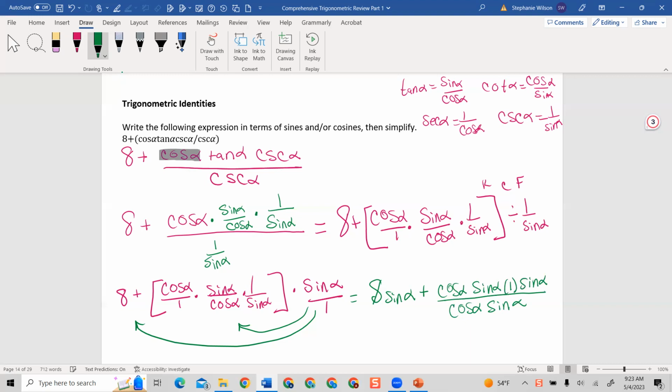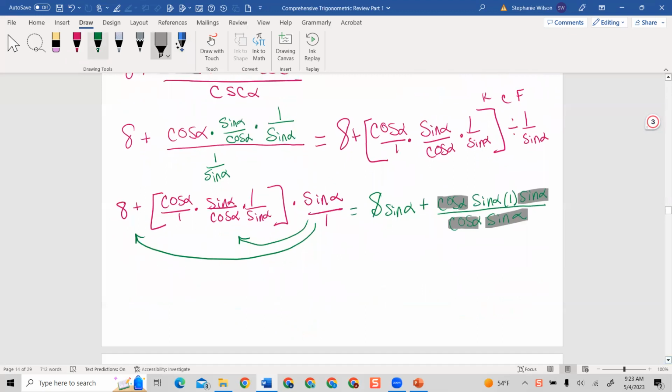So what do I see here? Well, I notice that I can reduce this cosine with this cosine. I can reduce this sine with this sine. And I'm left with sine times 1. Let me scroll down a little bit, give myself some more room.